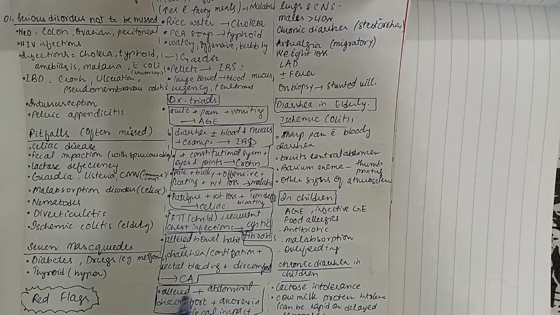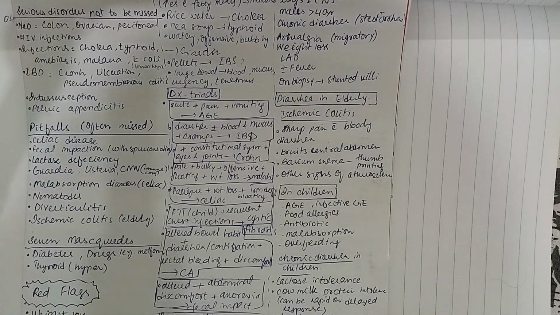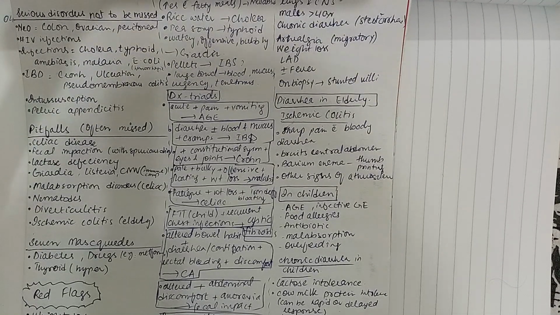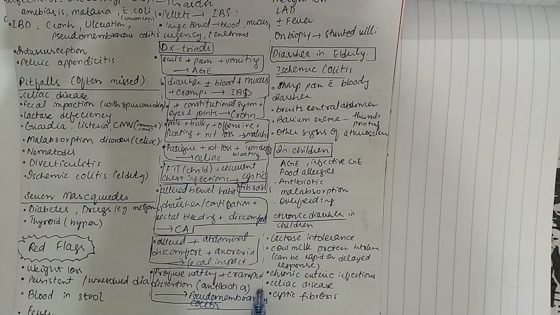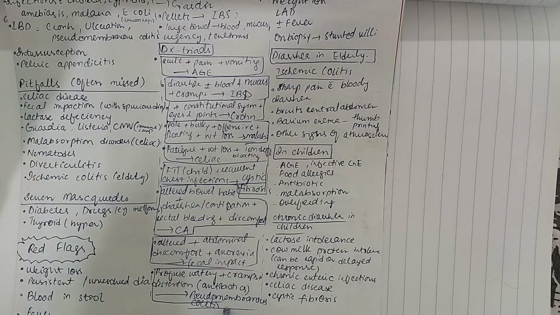If the patient has altered bowel habits, abdominal discomfort, and anorexia, and the patient is elderly and confused, it can be fecal impaction. If there is profuse watery diarrhea, cramps, distension, and the patient is on antibiotics, it can point towards pseudomembranous colitis.